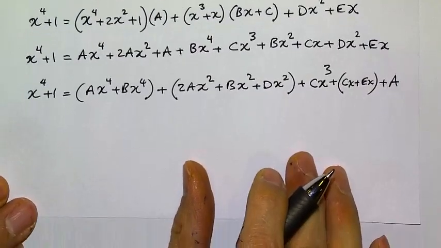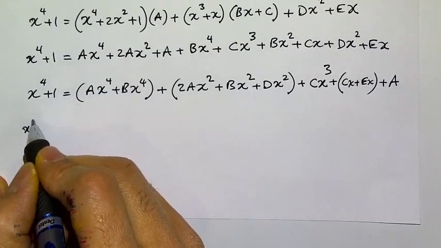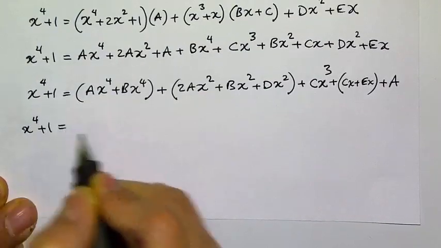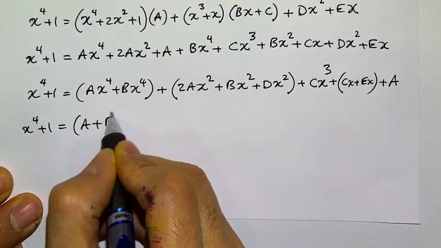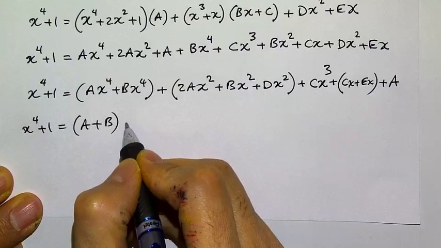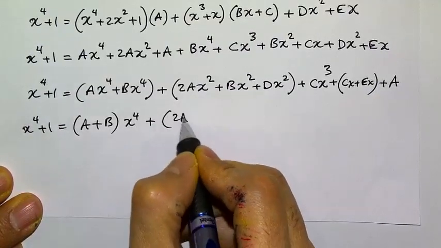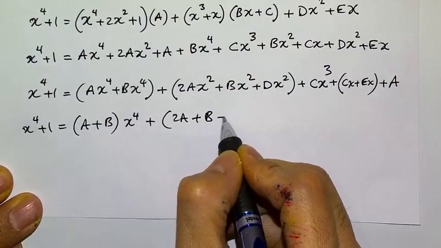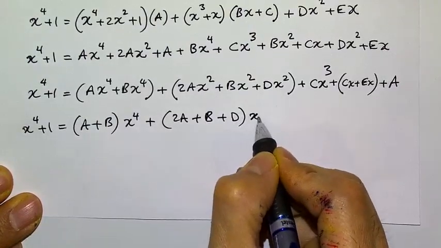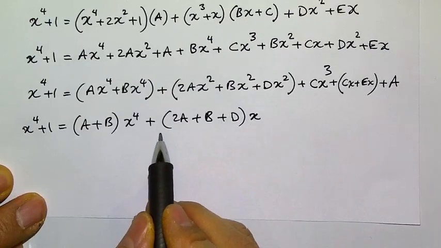Okay, so let's factor. So the right side, we have this equals a plus b times x to the fourth plus 2a plus b plus d times, I will fix this, guys.